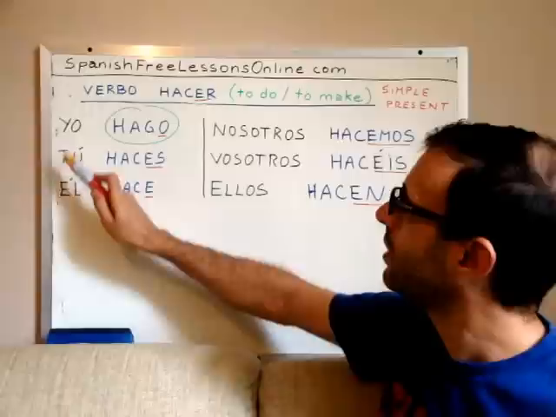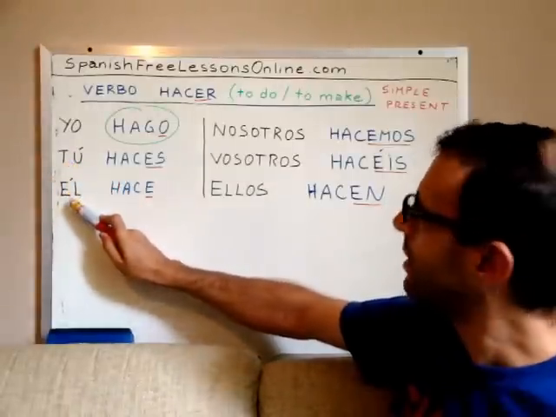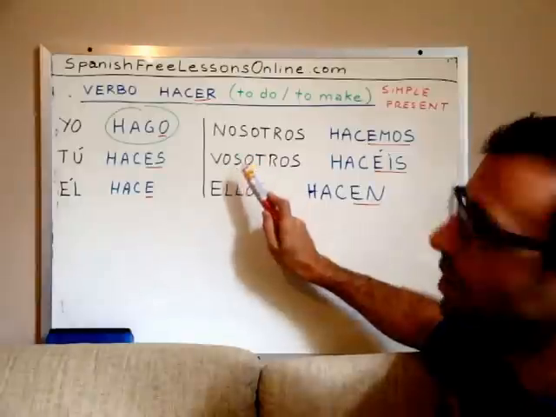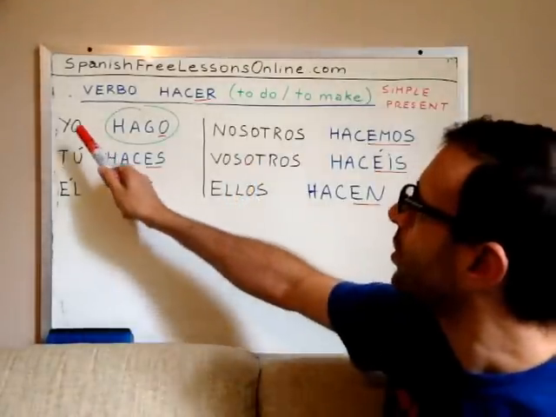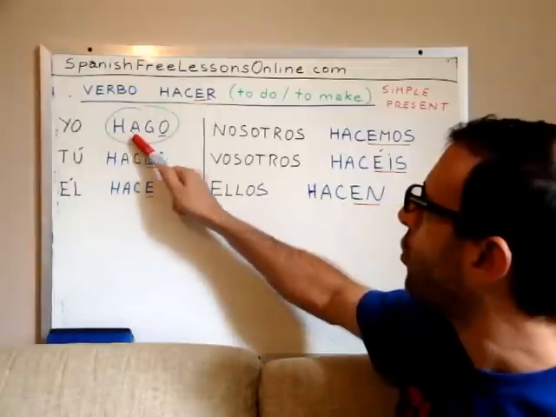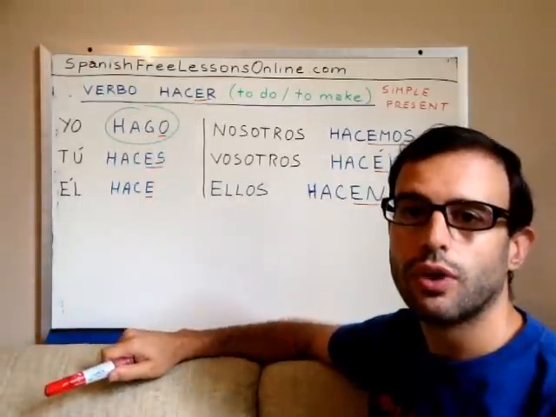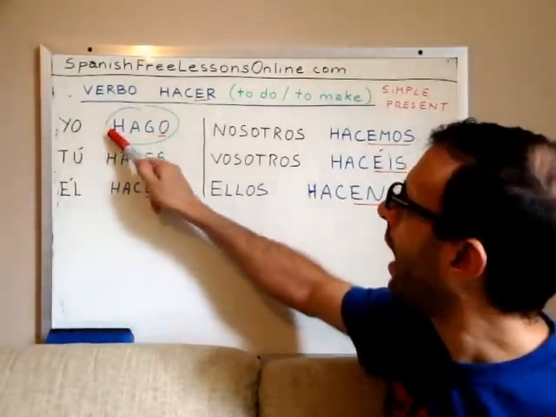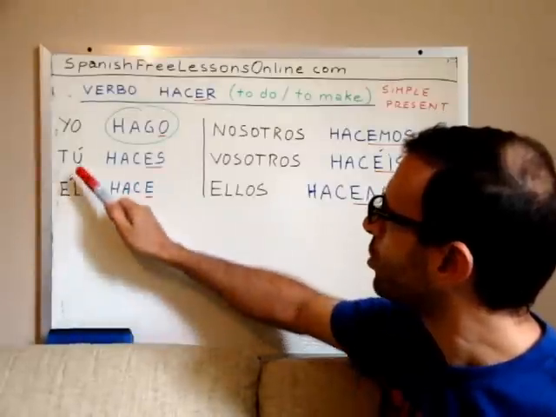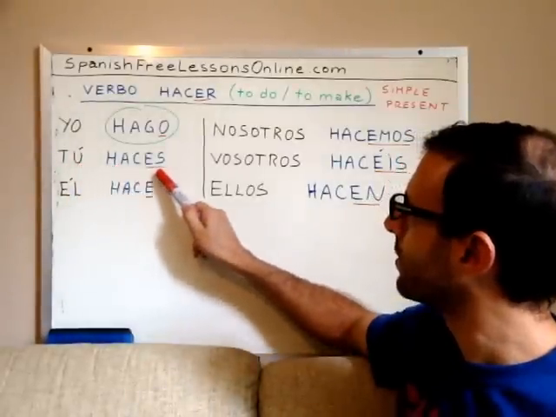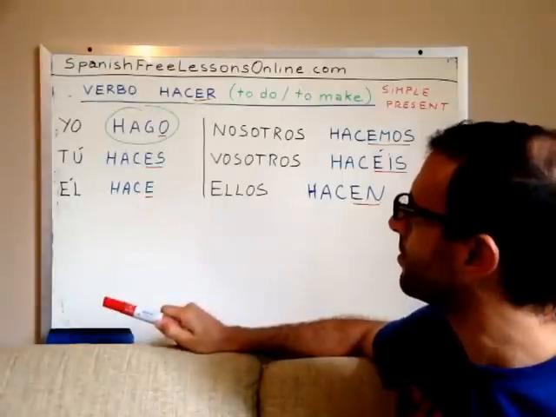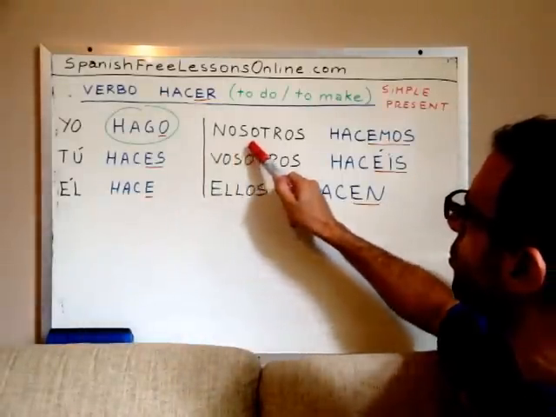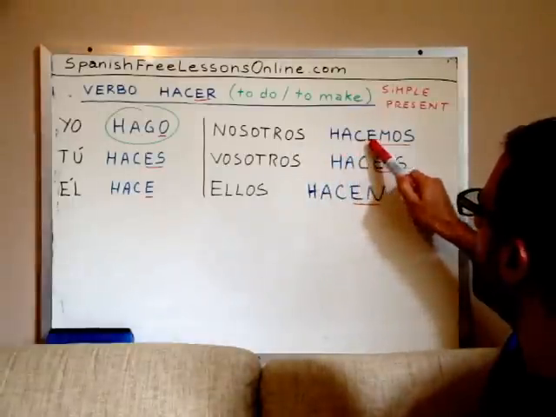So let's start conjugating for I, right? This is I, you, he, we, you plural, they. Yo hago. Tú haces. Él hace. Nosotros hacemos.